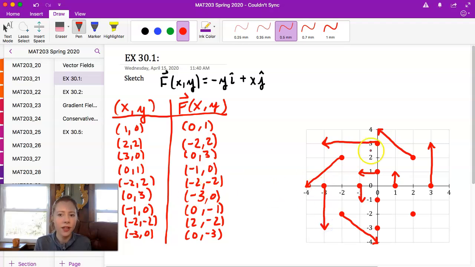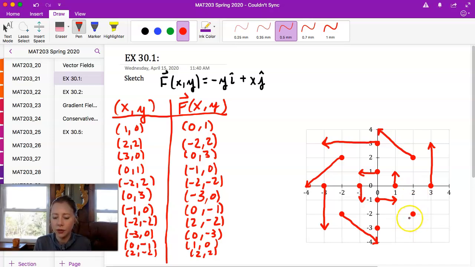You can start to see the shape taking form. And then let's do 0, -1. And so we get 1, 0 out. So we'll go 1 to the right. And we'll do 2, -2, and then we'll get 2, 2 out.